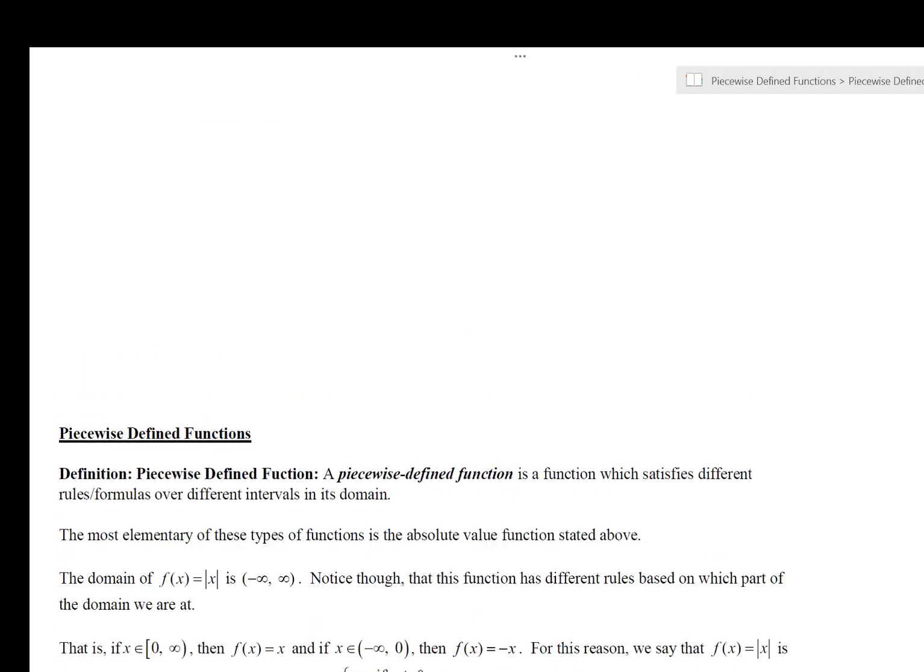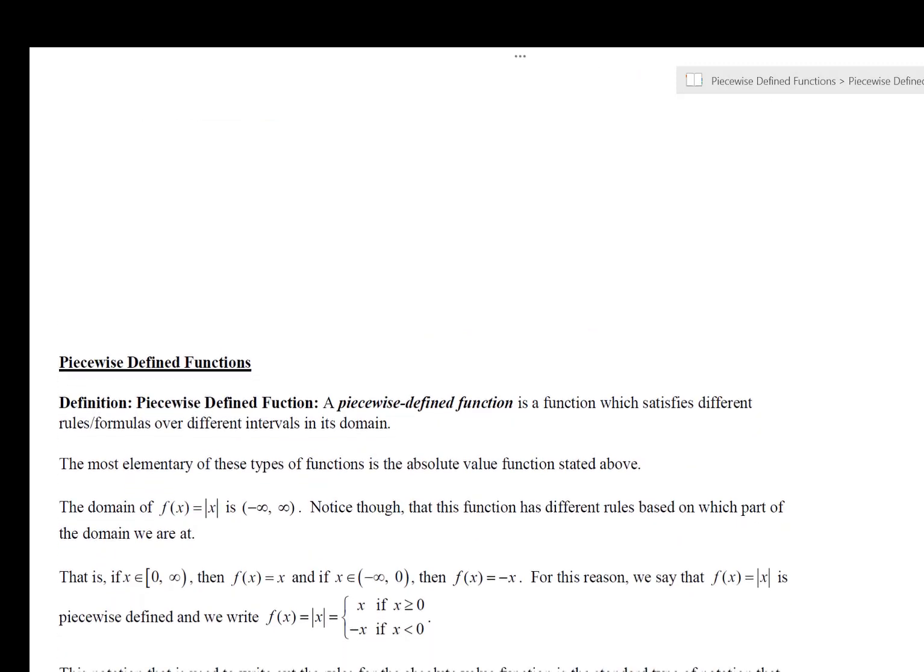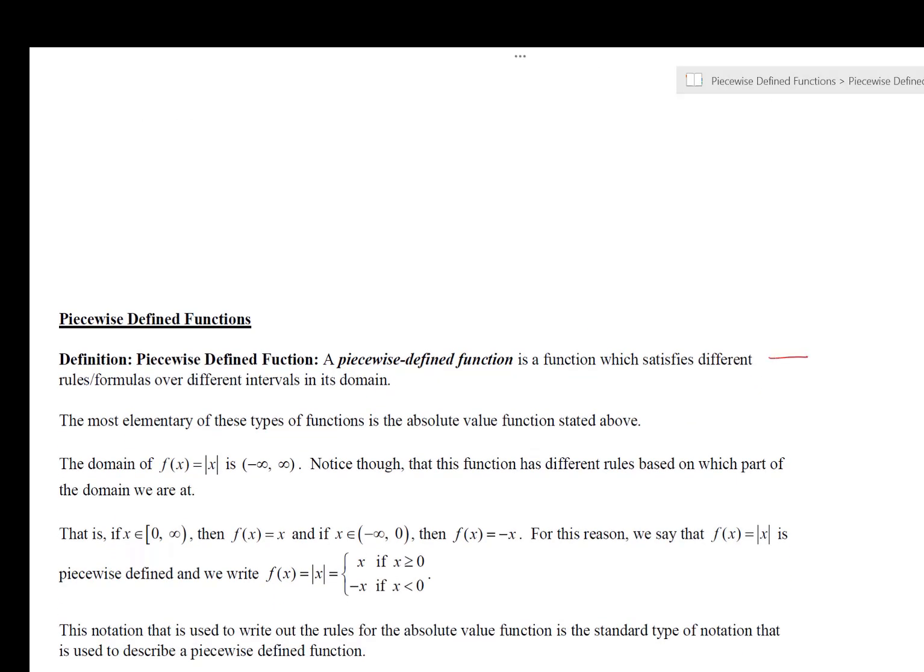Piecewise defined functions. Let's go line by line here. Start with this line: Definition. A piecewise defined function is a function that satisfies different rules or formulas on different intervals of its domain.